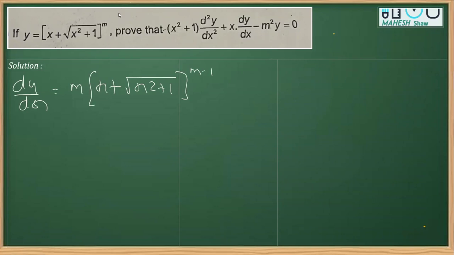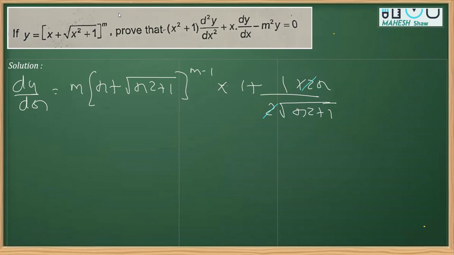Now further applying the chain rule here, you can see that the differentiation of x is 1, and root x differentiation is 1 by 2 root x. This whole thing is taken as x. And again, by chain rule, the differentiation of x square plus 1 is 2x. Right. So we see that this gets cancelled here.